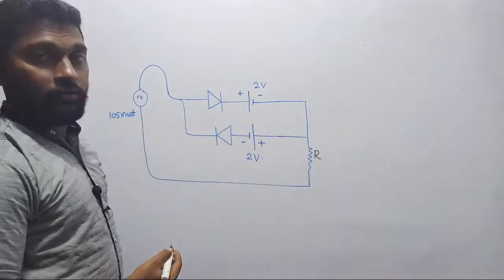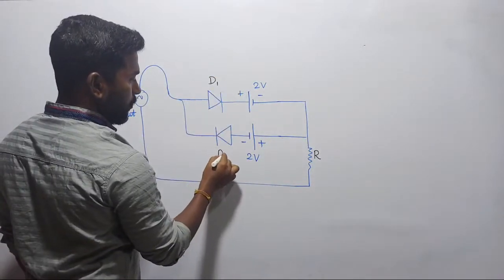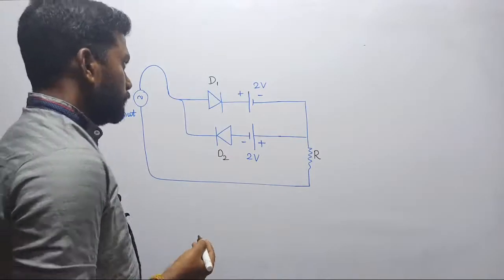Okay, shall I draw the waveform? Yes, let me denote. Now we have two diodes, right? D1 and D2. Let us see what happens.